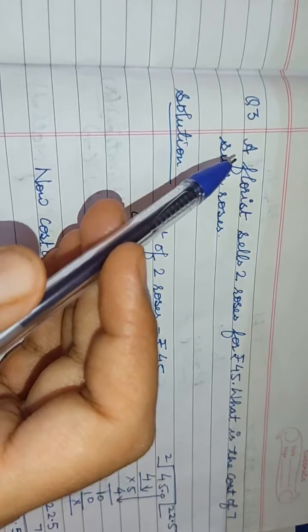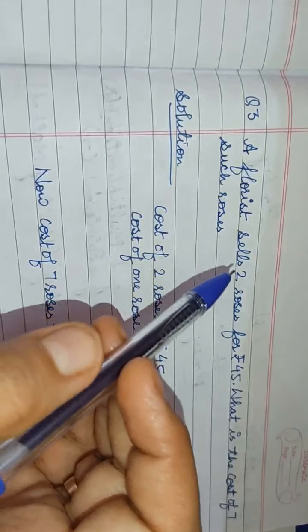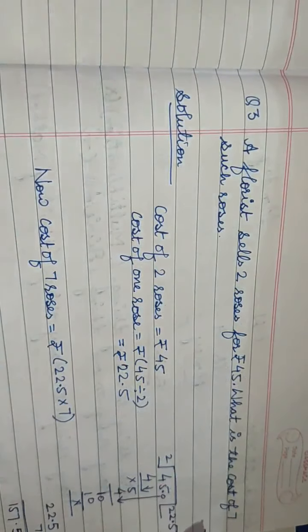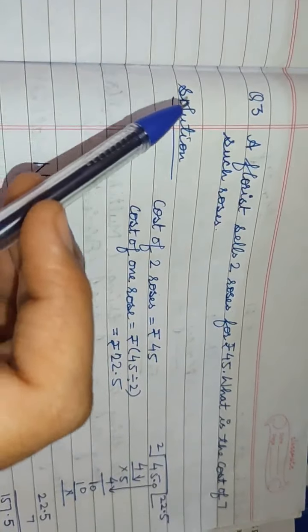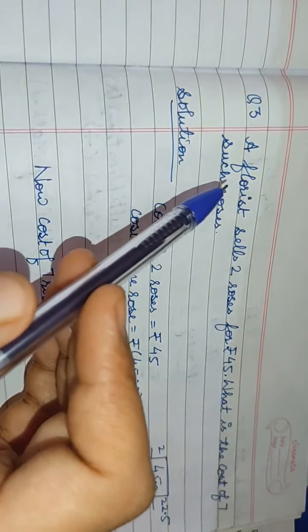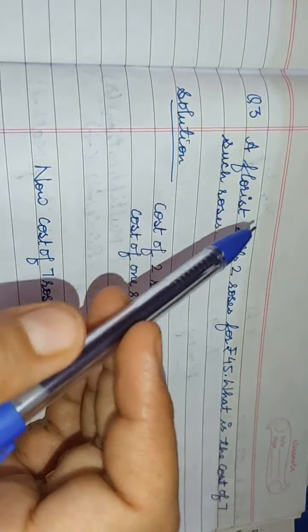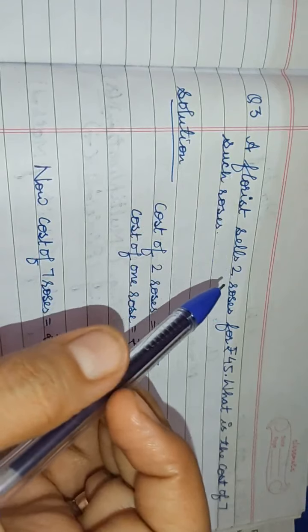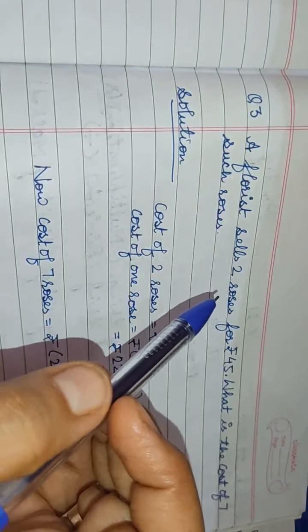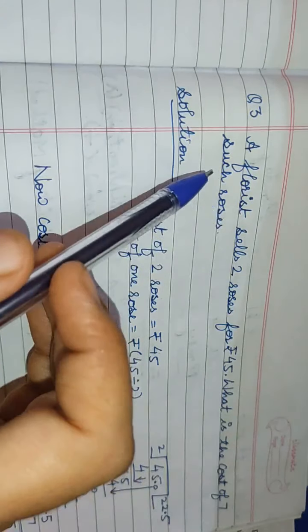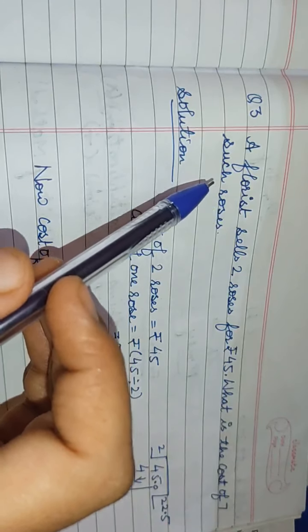What is given in the third question? A florist sells 2 roses for rupees 45. What is the cost of 7 such roses? Florist means the person who sells flowers. So what is given? The cost of 2 roses is given and you have to find the cost of 7 such roses.